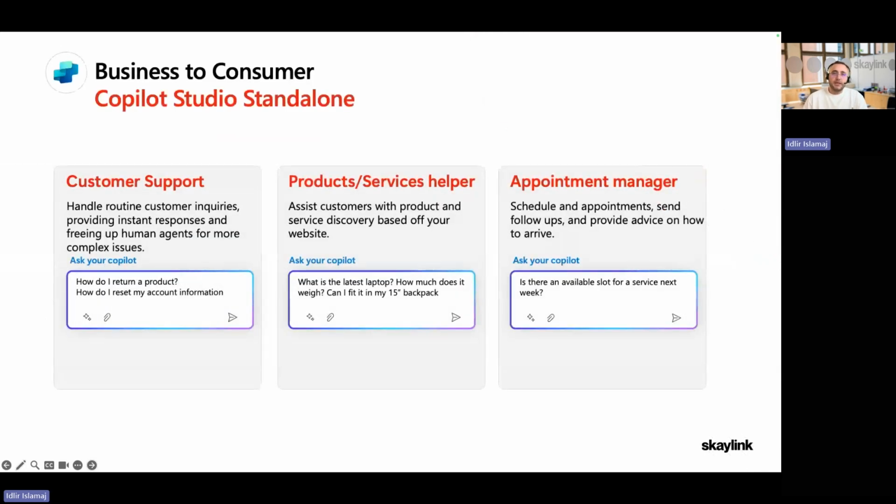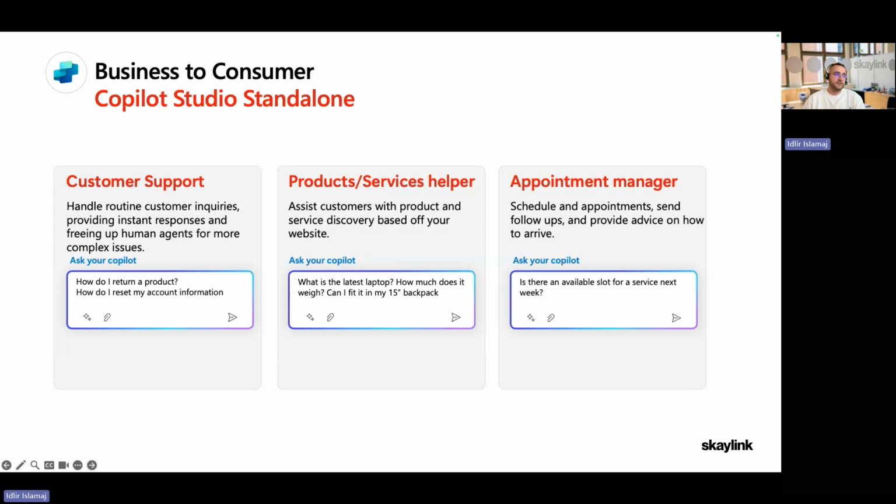So, for example, business to consumer, where Copilot Studio is standalone, meaning that you can create a bot for that specific case. It can be customer support, a product and services helper, or also an appointment manager.